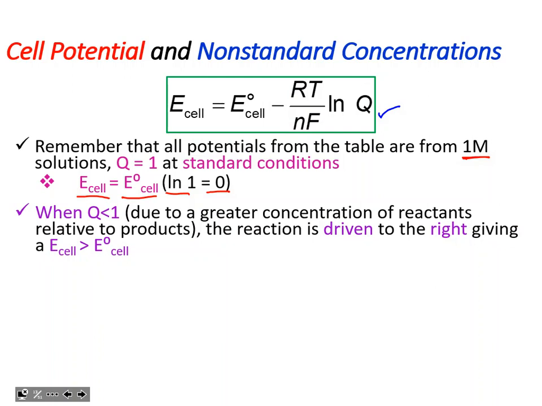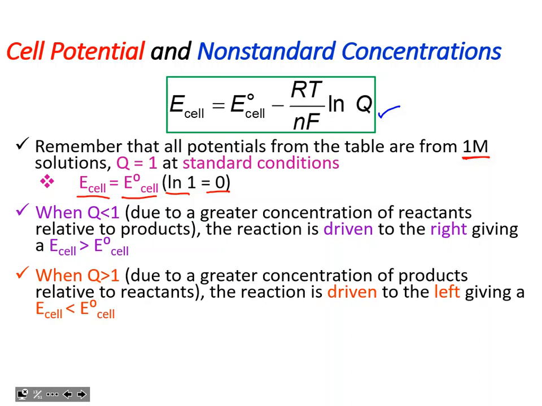So if Q is less than 1, because you have more reactants than you do products, I'm going to show you how to recalculate Q again, because I know that's an equilibrium thing. The opposite is true, so if Q is greater than 1 due to having more products than reactants, due to a higher concentration than 1, the reaction is driven left, giving a non-standard E cell that is less than the standard.